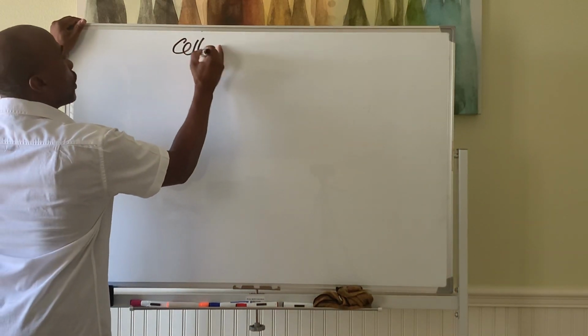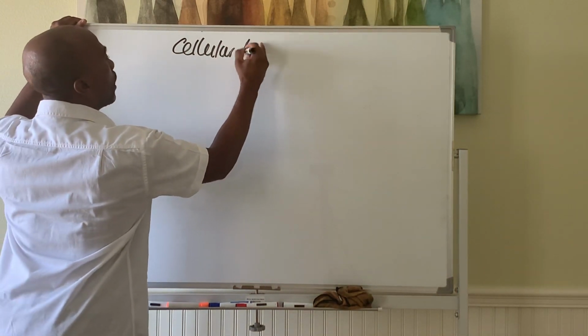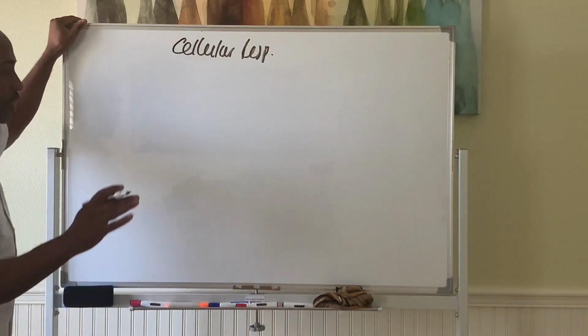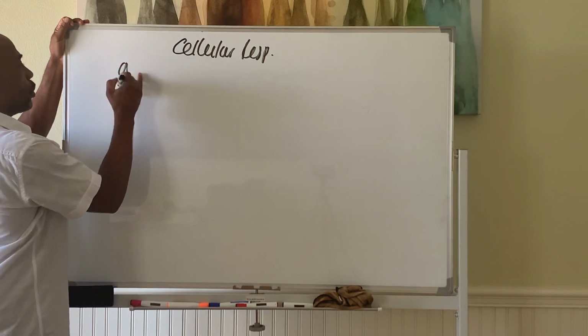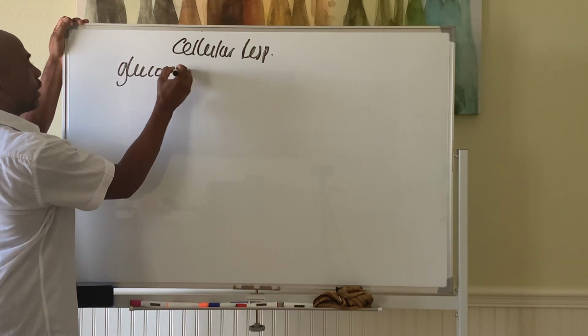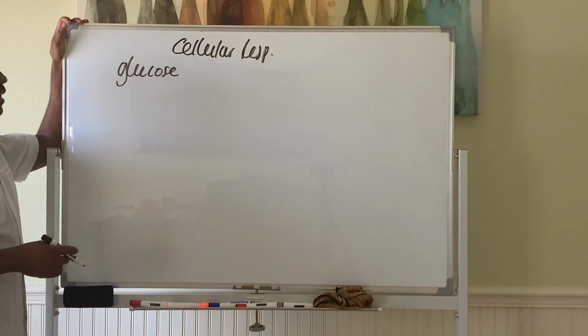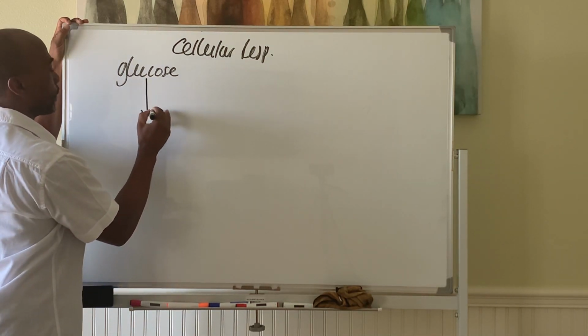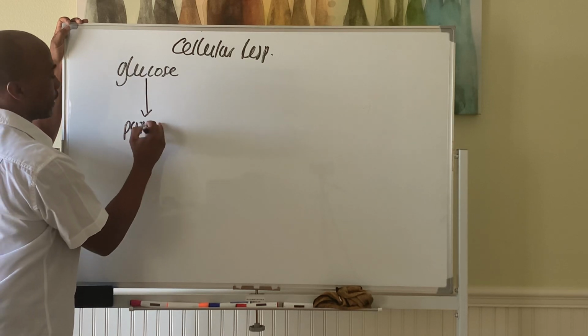So in cellular respiration, not to be confused with the respiratory system, different things, you begin with glucose as your main energy substrate. The glucose will be converted into pyruvate.